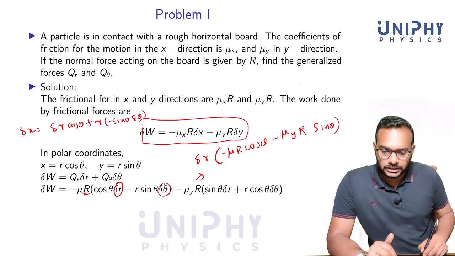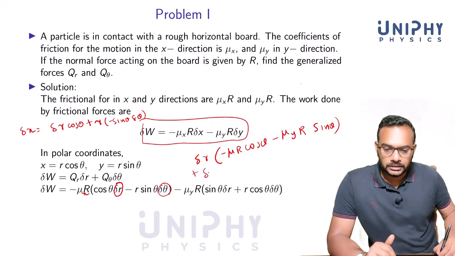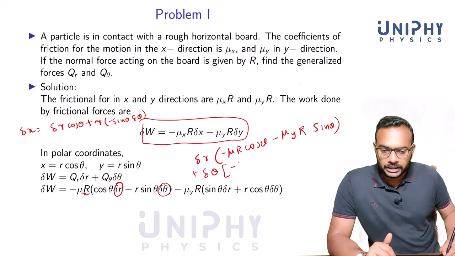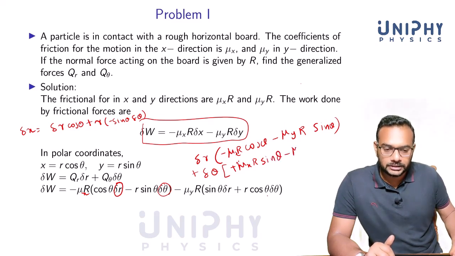Plus delta theta multiplied by, what do we have here, minus mu x minus r sin theta, those minus and minus, so it becomes a plus, mu x r sin theta, minus mu y r cos theta.